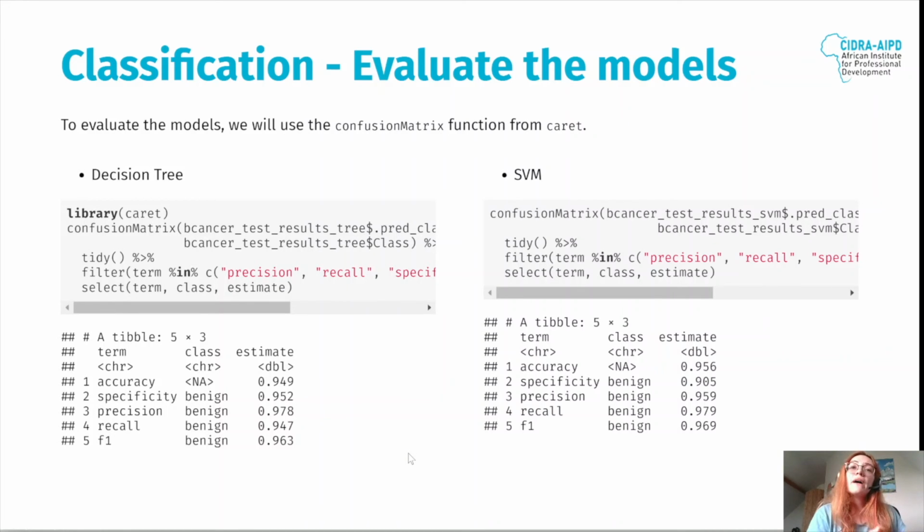You can choose the best model now based on what you want to control the most. Do I want to control the false positives or the false negatives? Type 1 error, type 2 error, but both models are above 90%, above 95% most of the time. So the model trains very well, and this is the evaluation of the model on the test.